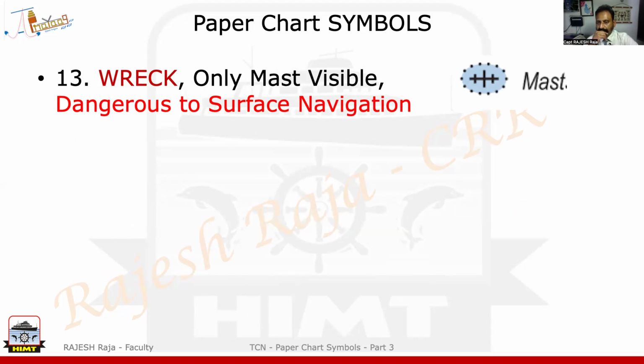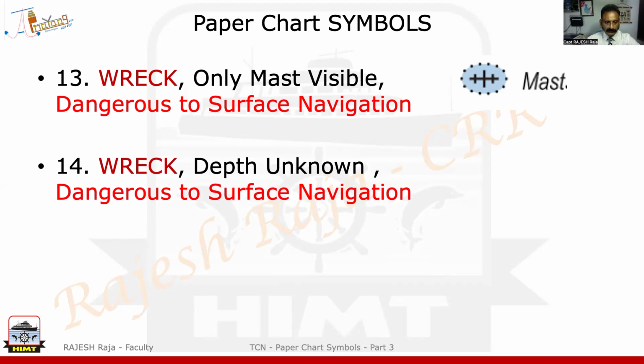You can see it will be there in various spots somewhere near the ports and all. So this wreck is considered dangerous to surface navigation because it has that dotted boundary. So please remember, the mast is visible. This is a wreck, depth is unknown and is still considered dangerous to surface navigation. You might find this symbol. This is how you might find it.